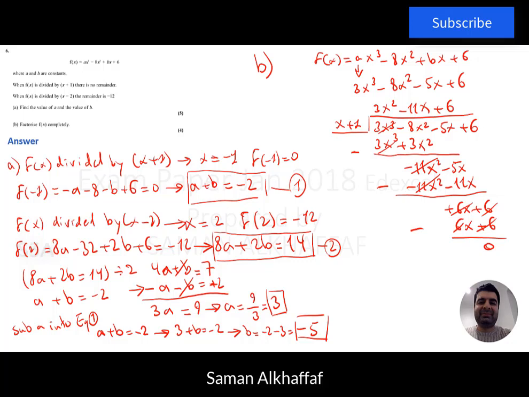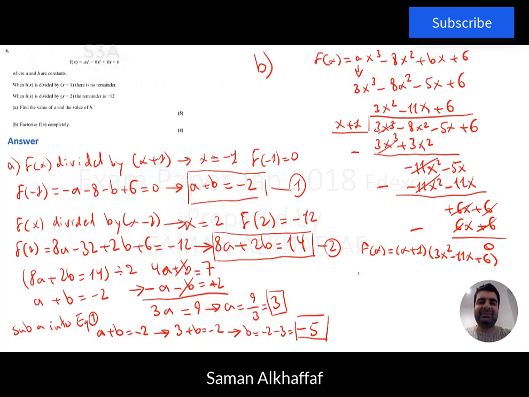So now the function f(x) is x plus 1 multiplied by 3x squared minus 11x plus 6. In this scenario, we can also factorize the quadratic.